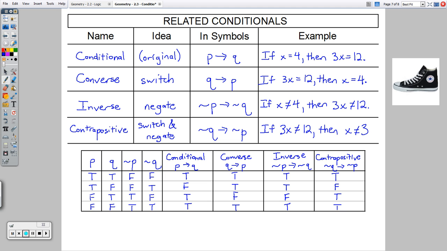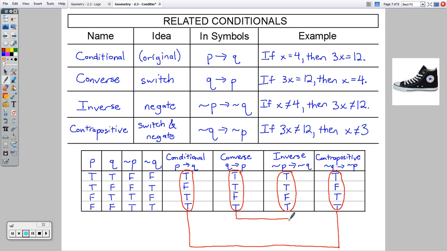So what do you notice about these columns here, these truth table values, right here and right here? If you look at those, aren't they the same? Yeah, they are. These two, I want you to connect these two. And likewise, this column is the same as this column right here. So I'm going to have you connect those two as well.